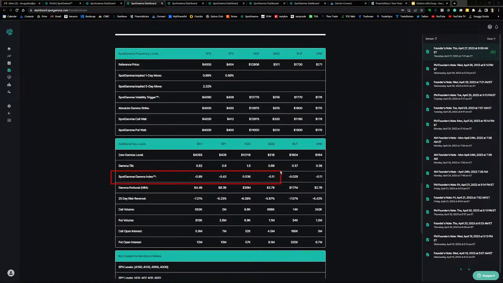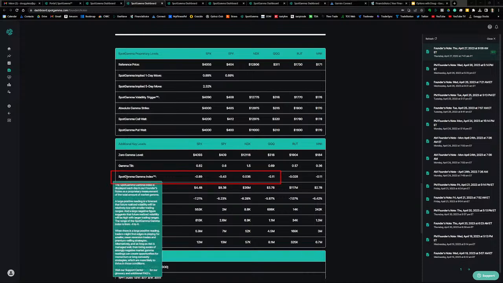It is a consistent measure of overall market gamma, market makers' position, that has been consistent for some time, whereas this gamma notional that I used to look at changed when Spotgamma changed the interface to this new modern theme on April 1st. So what this is showing, let me just show the pop-up here.